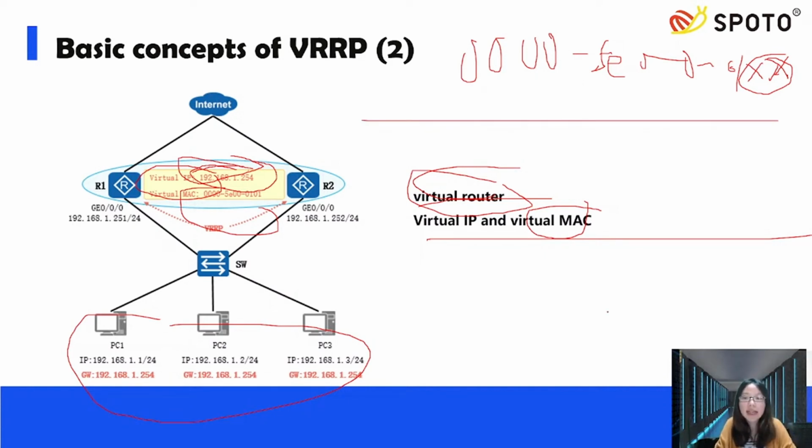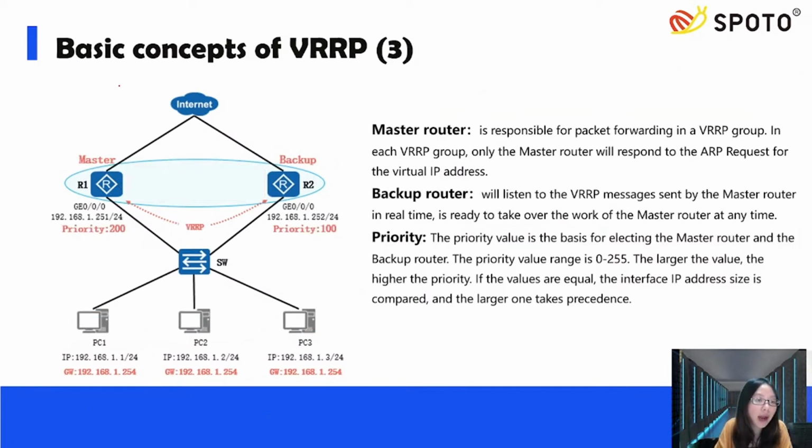Let's see the master router. The master router is responsible for packet forwarding in a VRRP group. In each VRRP group, only the master will respond to the ARP request for the virtual IP address. If the host sends an ARP request for the virtual IP address, only the master can respond.